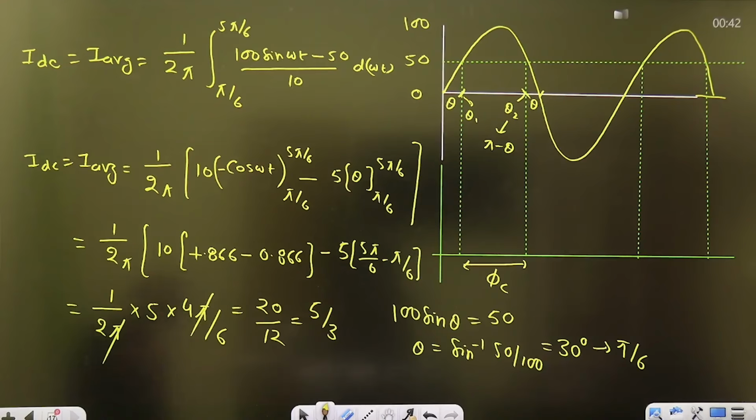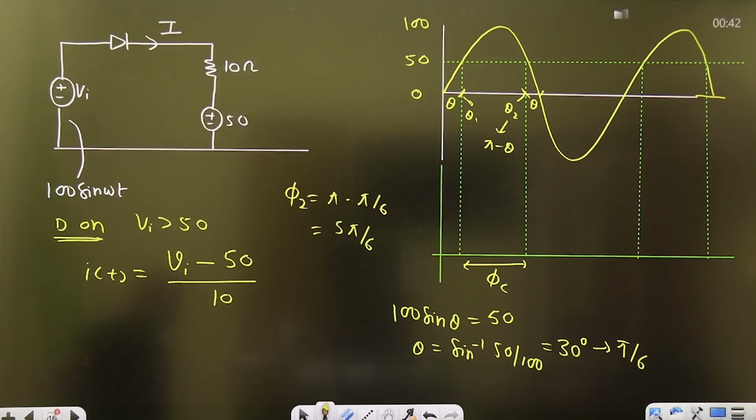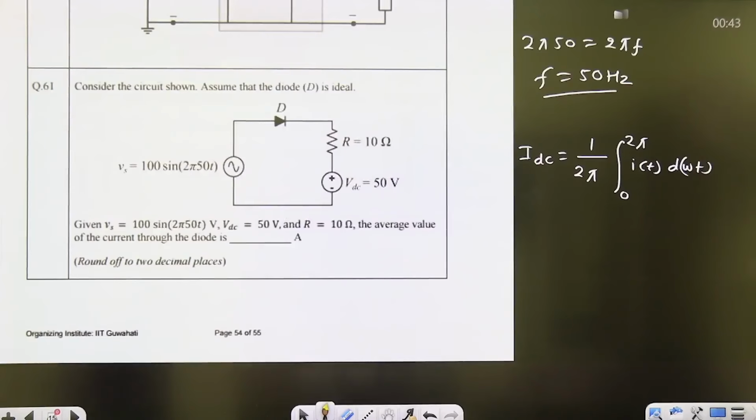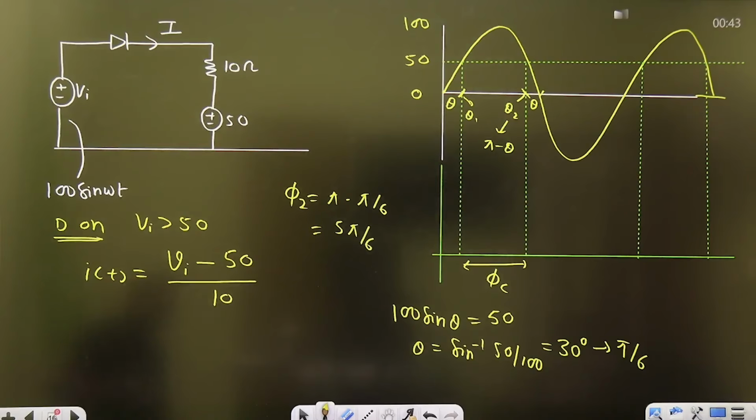30 degree. 10 sine of omega t, 10 cos of omega t. 1 minute, guys. Given Vs is equal to 100 sine of 250. Average value, round off to 2 decimal places. Okay, everything is fine now. I think there is a problem of calculation.